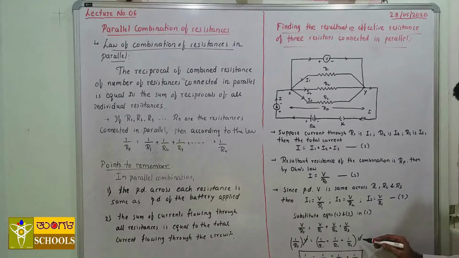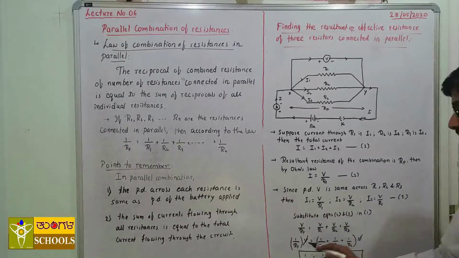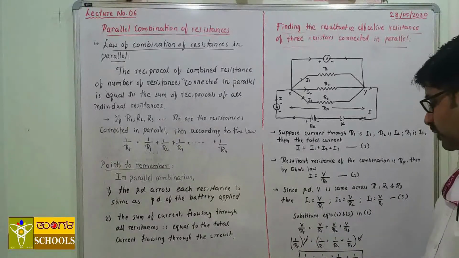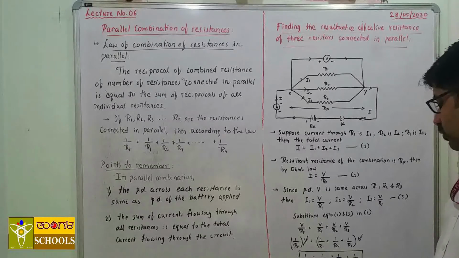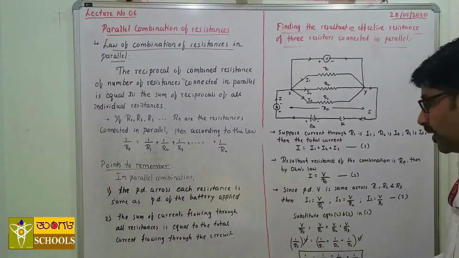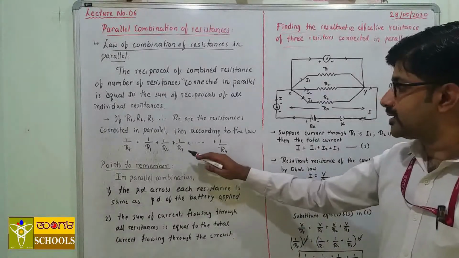This V and the LHS V cancel. Therefore, you are left with 1 by RP is equal to 1 by R1 plus 1 by R2 plus 1 by R3. This is the equation which holds good as per this law.